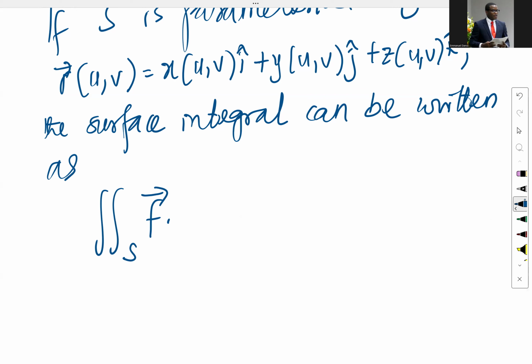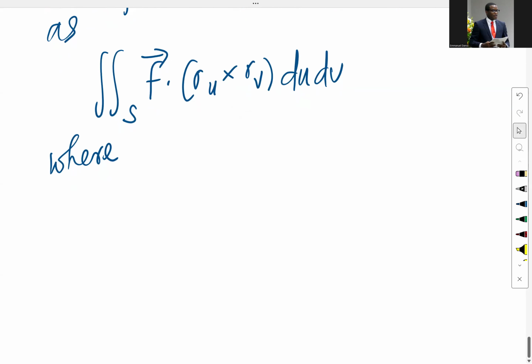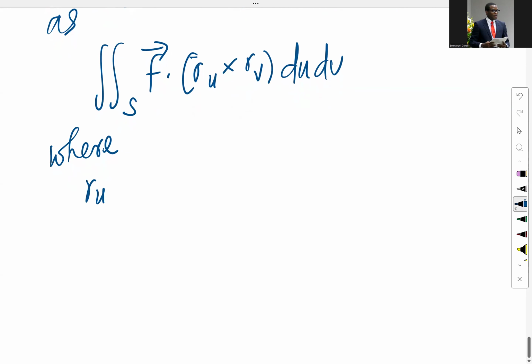you have R differentiated with respect to u, multiplied by R differentiated with respect to v. That's partial differentiation now. Then you now have du dv, because you have those two components. So these r's are vectors.